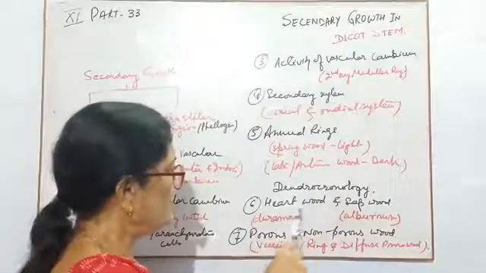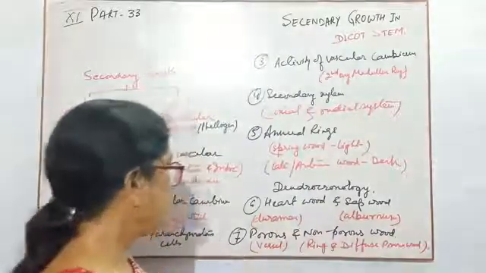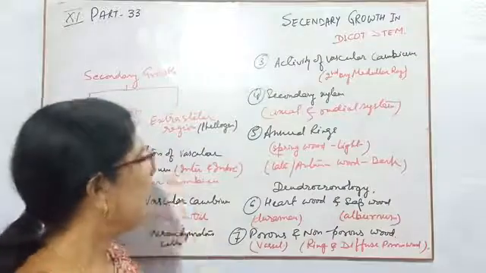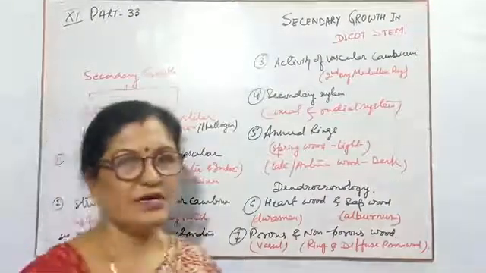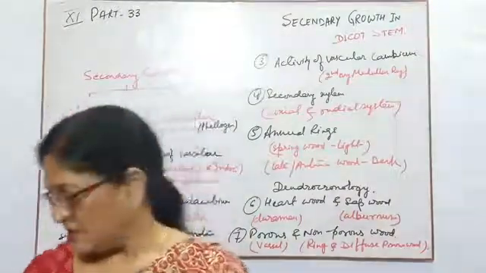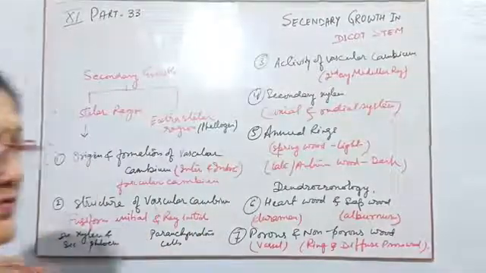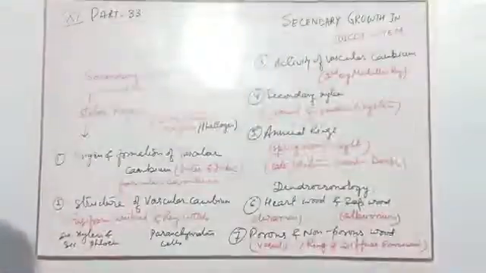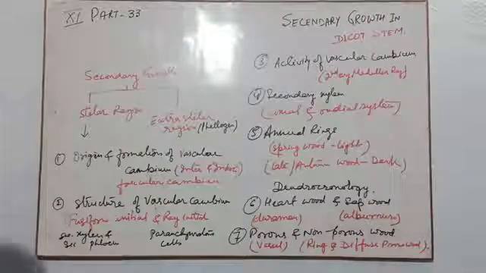Now heartwood and sapwood. Yes children, heartwood is also known as duramen, and sapwood is also known as albumen.